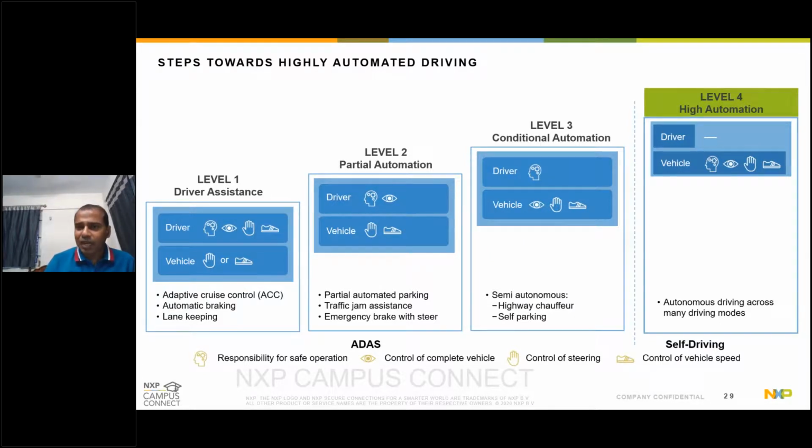But apart from that, the integration of safety and security technologies also enables this. And on top of that, the amount of computing resources available today makes the cars take these decisions on their own.